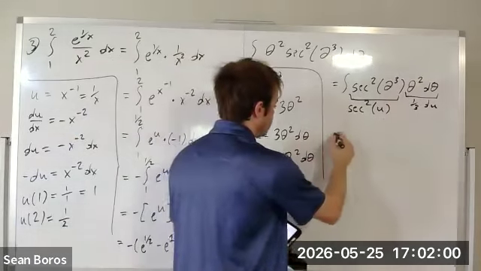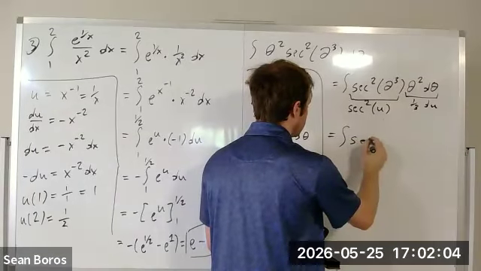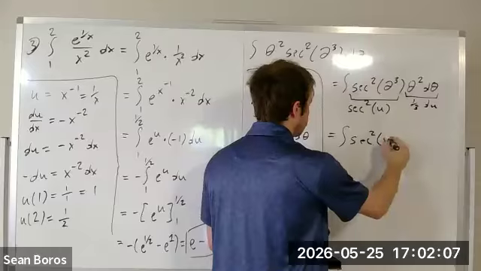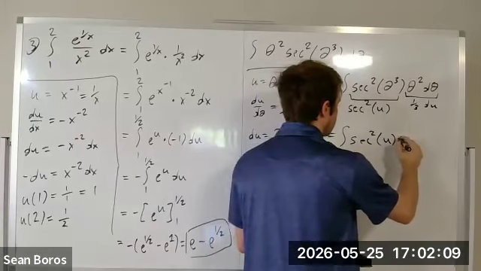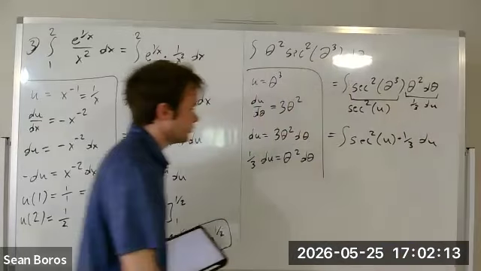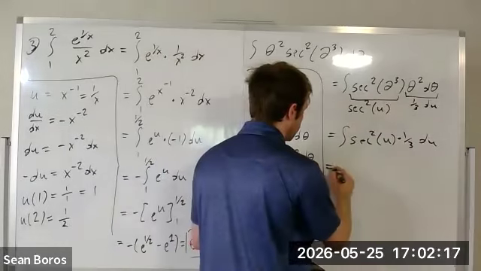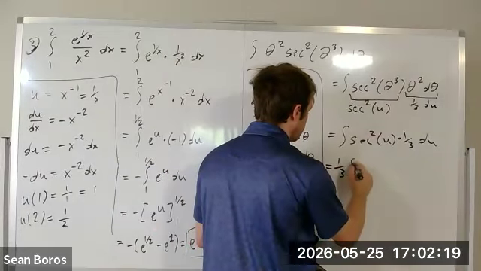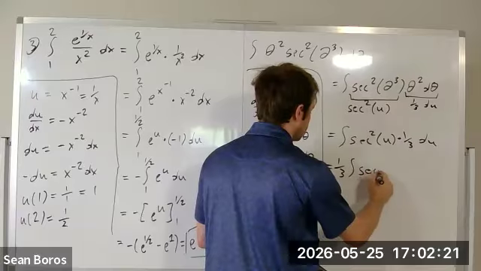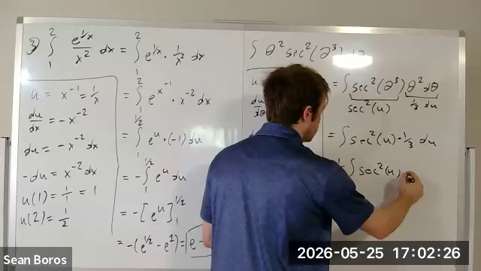So if we just plug those in, then we're going to get the integral of secant squared of u times 1/3 du. Okay. And now we take out our 1/3, so we're going to get 1/3 times the integral of secant squared u du.